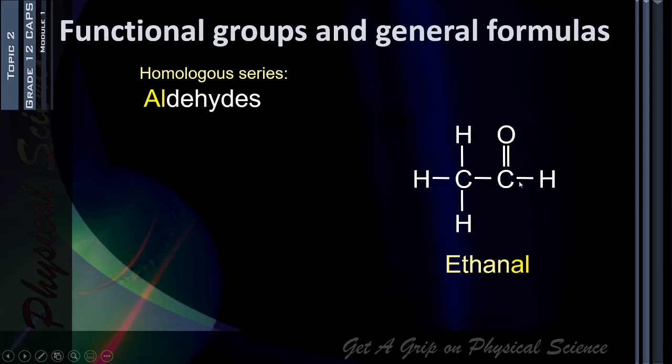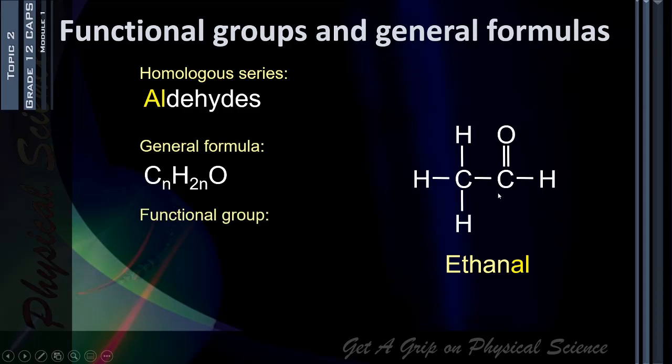Now a formyl group consists of a carbonyl group, and that carbonyl group is also attached to a hydrogen. The general formula for the aldehydes is double the amount of hydrogens compared to the carbons and then one oxygen. And then the structural formula of the functional group for an aldehyde is the formyl group.